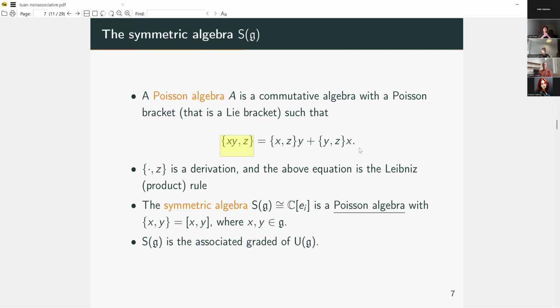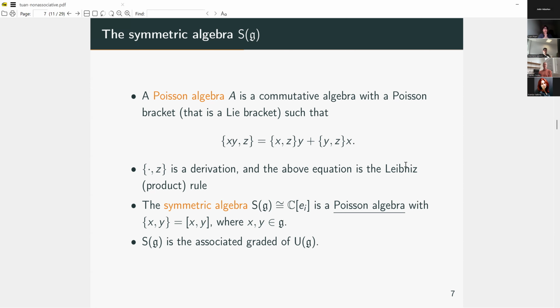A good way to think about this compatibility condition is that the Poisson bracket is a biderivation. So when we specify one variable, the Poisson bracket with z, for example, is now a derivation, and the above equation is just the Leibniz or product rule for taking derivatives.